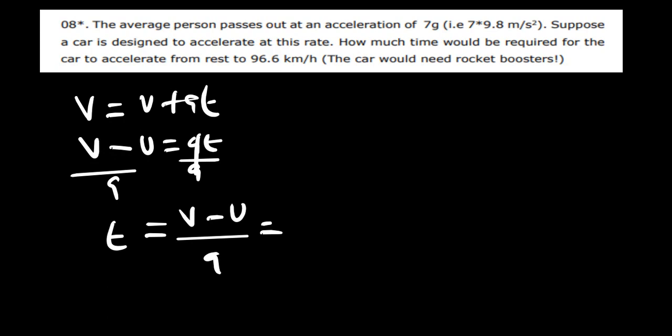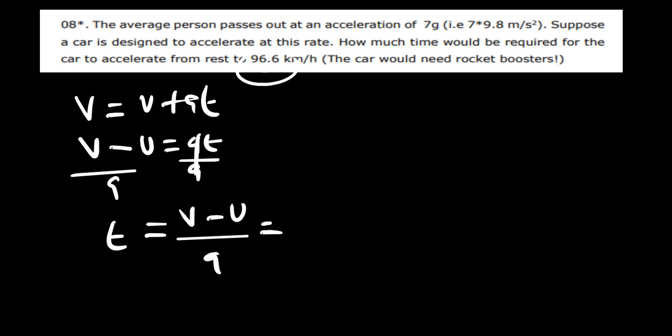What is our velocity? And what is our acceleration? Okay, so let's see what we have. A car accelerates from rest to that. So we've been told it's accelerating from rest to this.